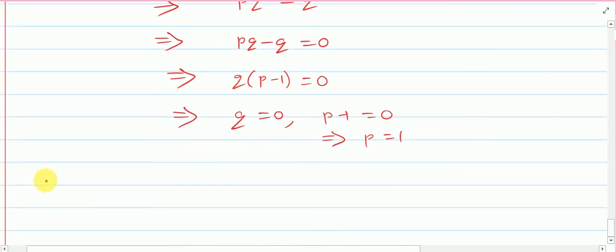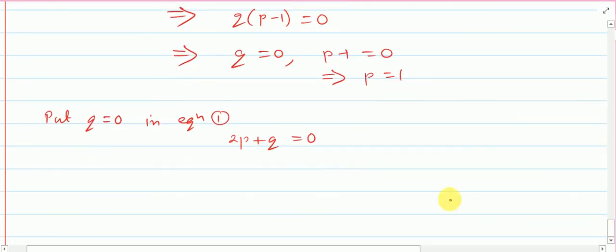So put Q equal to 0 in equation 1. Equation 1 is 2P plus Q is equal to 0. This implies 2P plus 0 is equal to 0. This implies P is also 0. Done.